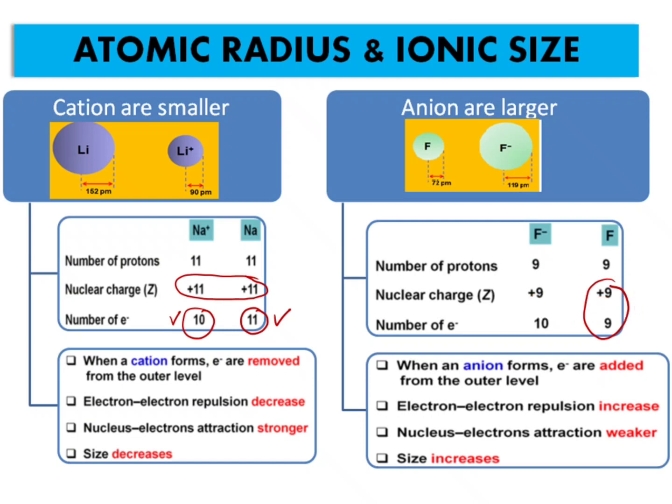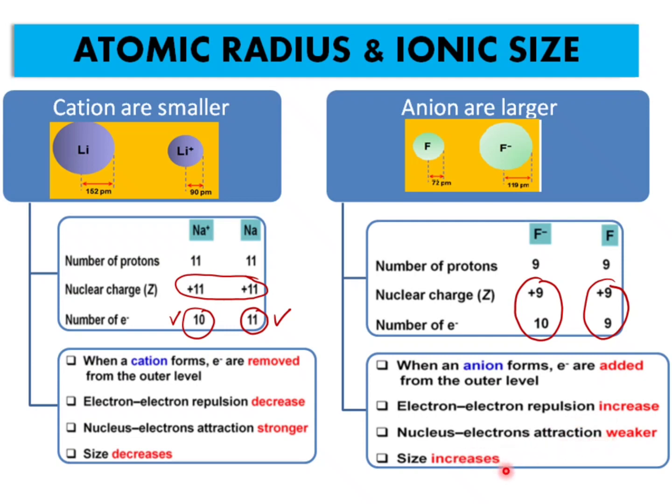Tapi untuk fluorine ion, awak boleh lihat 9, kekuatan 9 dalam nukleus nak tarik 10 elektron guys. So elektron dah berlebih dekat situ, so kekuatan akan reduce, dia akan become weaker. So that's why class, when an ion forms, electrons are added to the outer shell, so electron repulsion increases, while nucleus electron attraction becomes weaker.